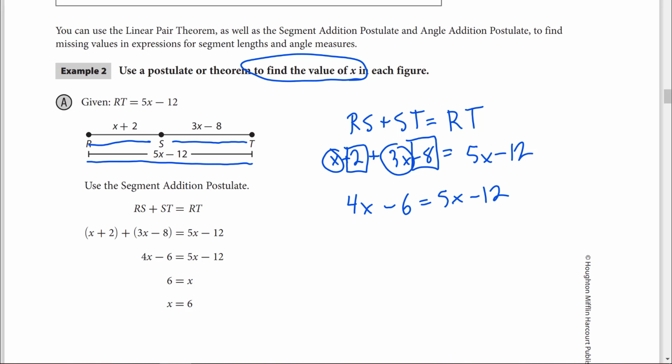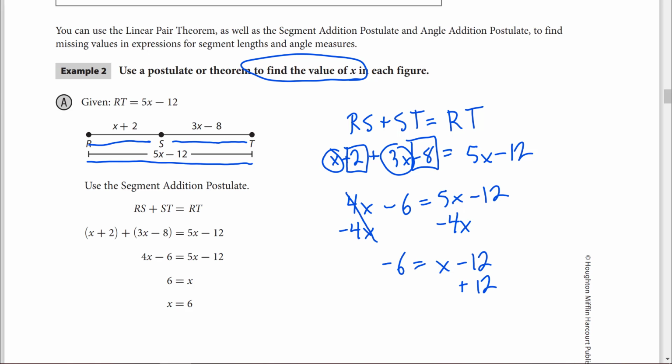I need to start shifting things over. So I always move my x terms first, and I'm going to move the smaller one because I'm more likely to end up with a positive number that way. So I'm going to subtract that positive 4x, move it over. That cancels out, and now I have negative 6 equals 5x minus 4x is x minus 12. To get x alone, I'm going to need to add 12.